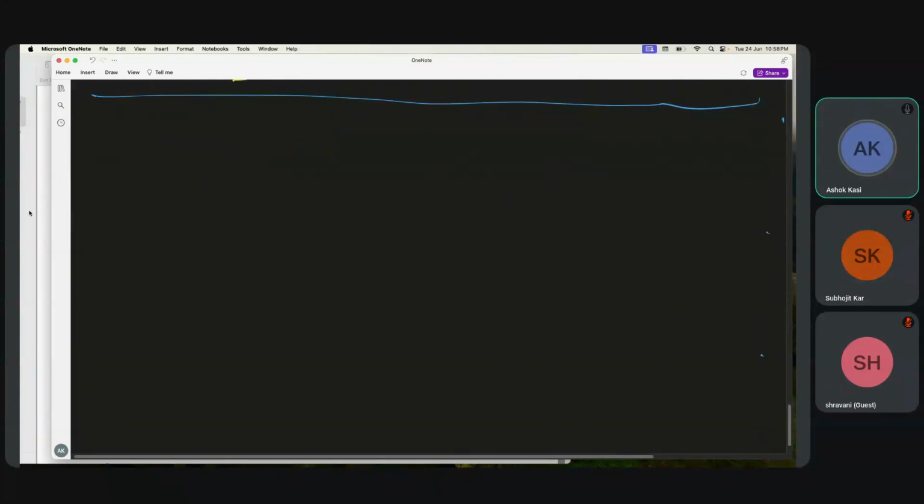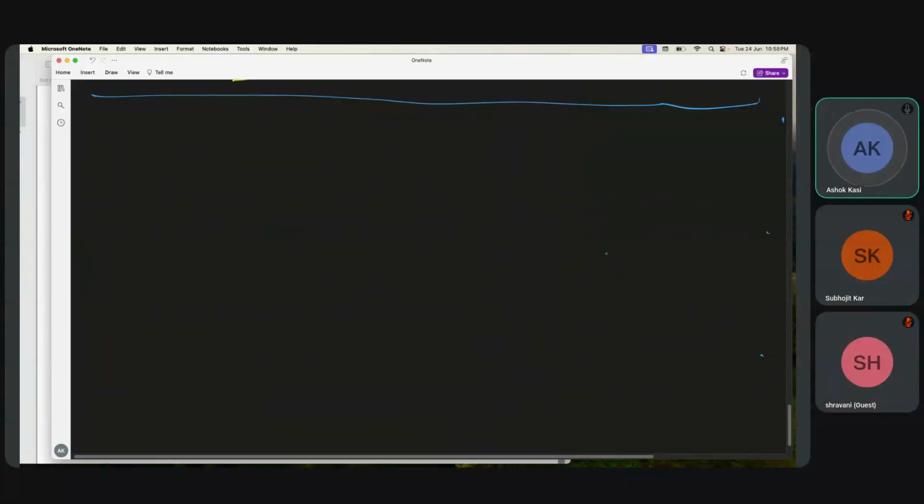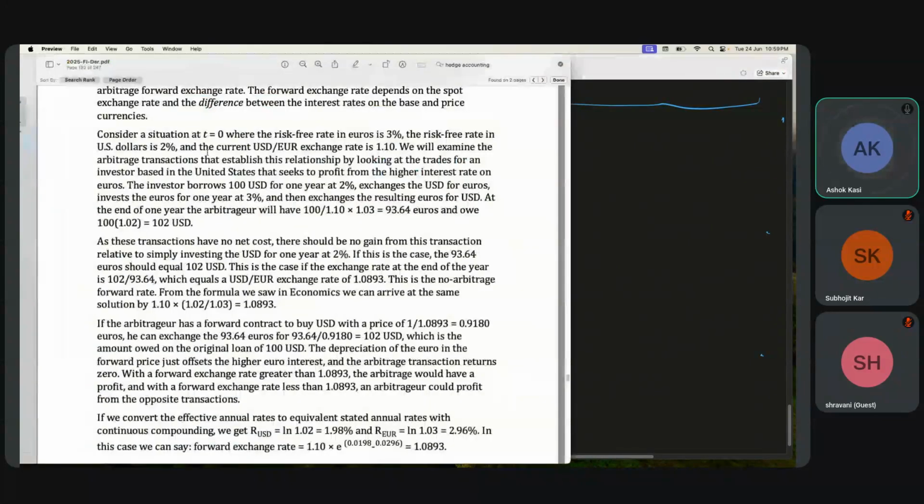Consider a situation at time zero where the risk-free rate in euro is 3% and the risk-free rate in US dollar is 2%. The current exchange rate is 1 euro equals $1.10.